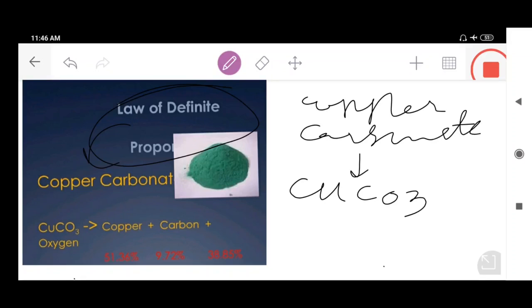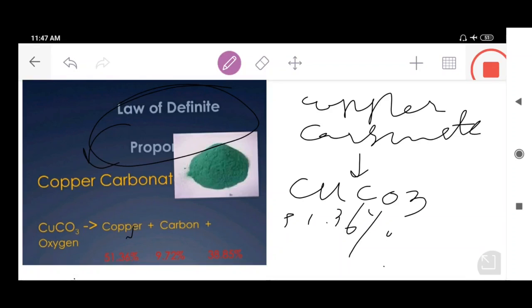In copper carbonate, there should be 51.36% copper. Copper carbonate is a compound, and I told you that whenever a compound is formed, two or more elements join with each other. Same is the case with copper carbonate.